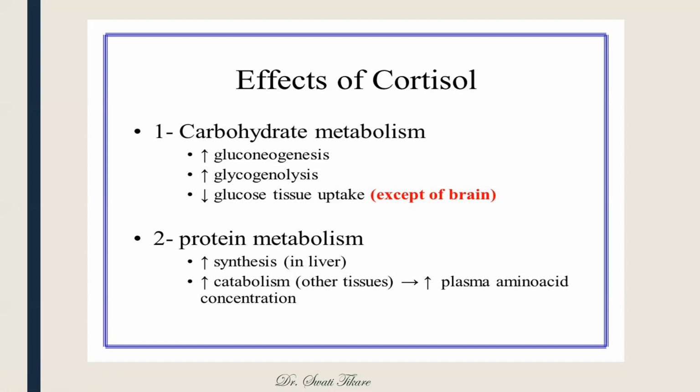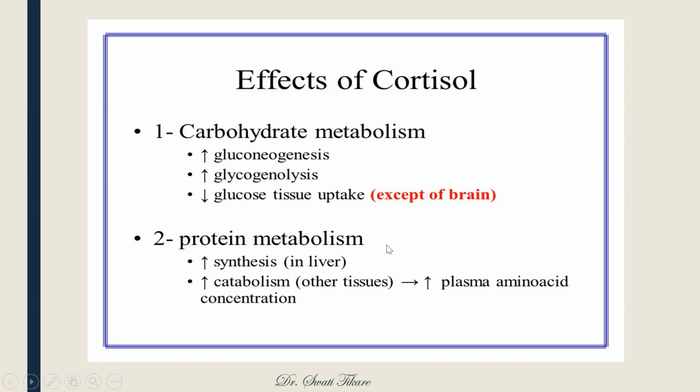But this does exactly the opposite. It decreases the glucose uptake in the tissues and hence it is lying in the plasma. So all this causes the glucose levels to increase. You can recall that there was a higher glucose level in the case study that we saw. So this is what is happening.